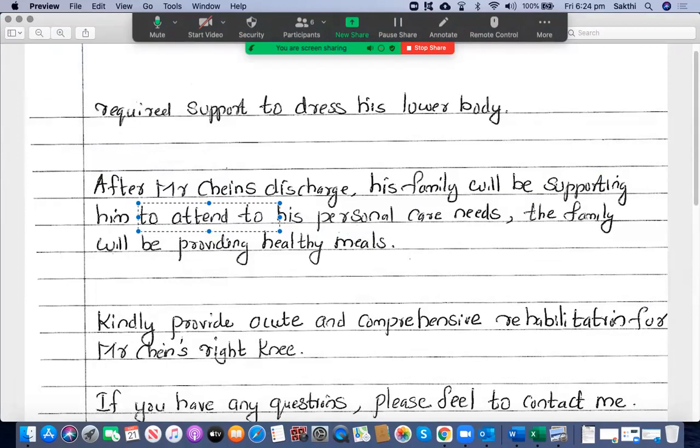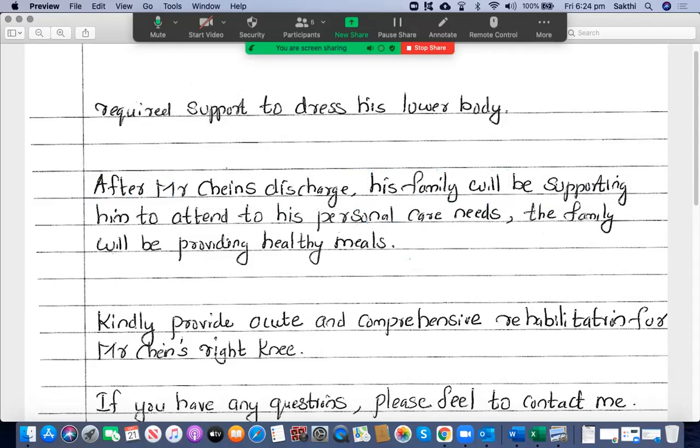All right, let's go to the next one. The family will be providing healthy meals. See, you have already used a comma here, and then you have written down one group of words. This is fine, but you should have used and, or you should have written this in a separate sentence. As well as the family will be providing healthy meals.